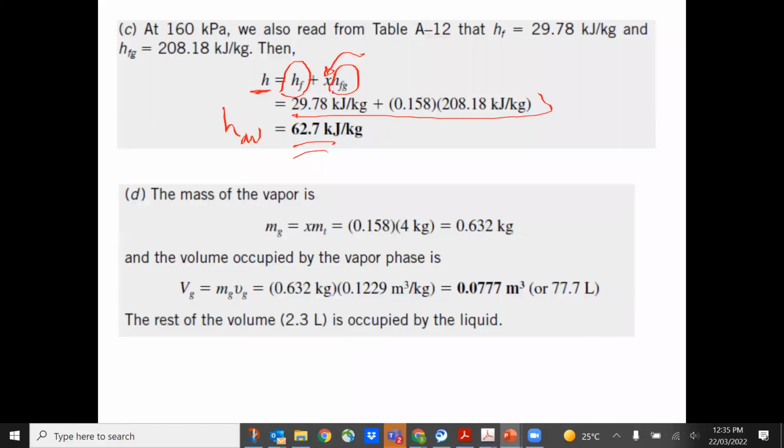The last one here is to find the mass of vapor. It's quite easy. Once you know the X value, you multiply it by the total, because X represents the quality, which is the percentage of vapor in the total. If you know the percentage, you multiply by the total, you get the vapor mass.